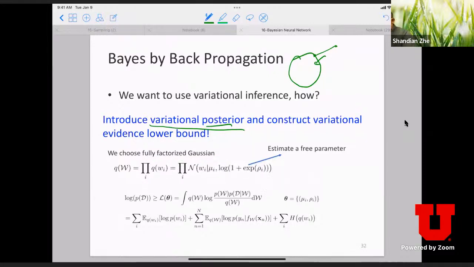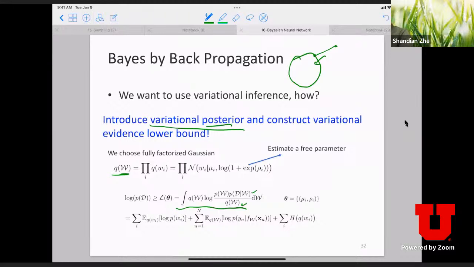And then we're going to use this fully factorized Gaussian distribution to construct our variational model evidence lower bound. According to the definition, the variational model evidence lower bound is defined as the expectation of the log of the fraction between the joint probability and your approximate posterior.